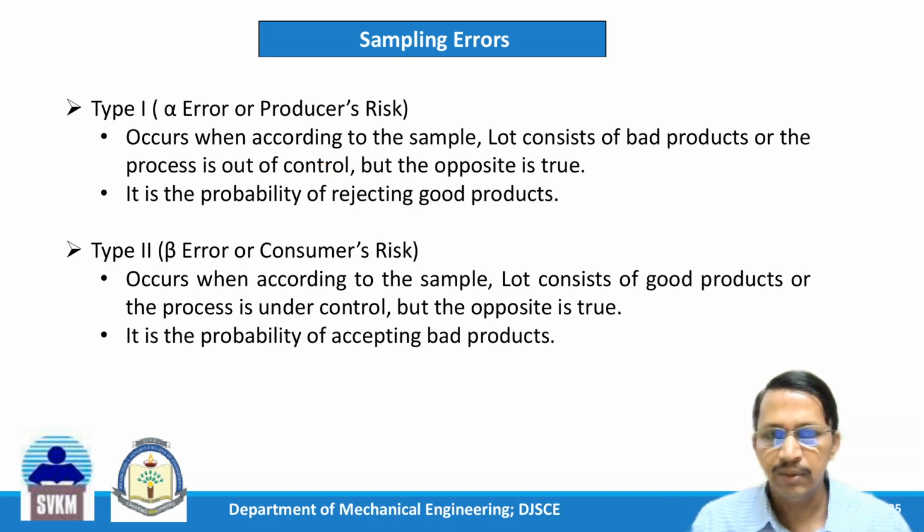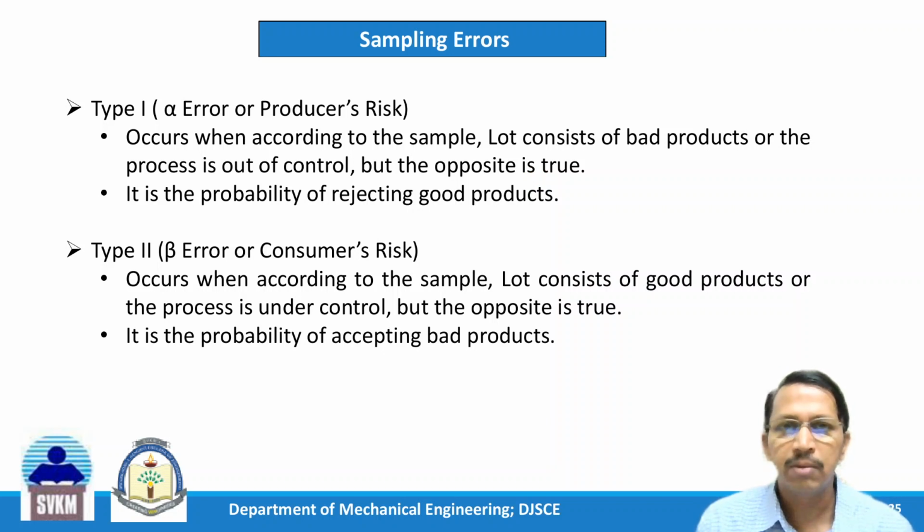What does it mean? The sample which you are going to inspect consists of good components. So based on that sample, you decide to accept the lot. But if you inspect the remaining components from the lot, they turn out to be bad. So that is actually the second type of error, the consumer's risk.